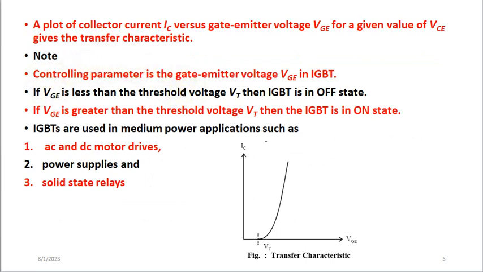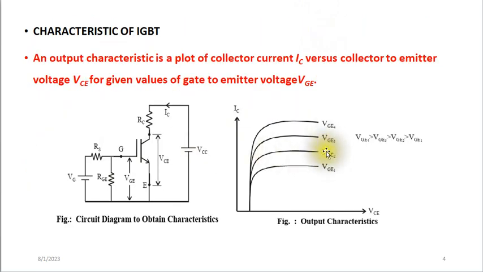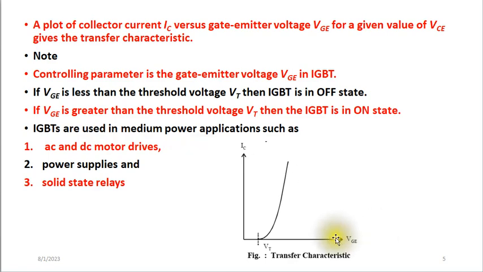There is another plot, that is a plot between the collector current, which is the output current, and the voltage between the gate and the emitter, which is the controlling voltage I have just discussed. So we have a plot between IC and VGE here, and for a given value of VCE, meaning the VCE is now constant, while the IC and the VGE are the variable parameters.